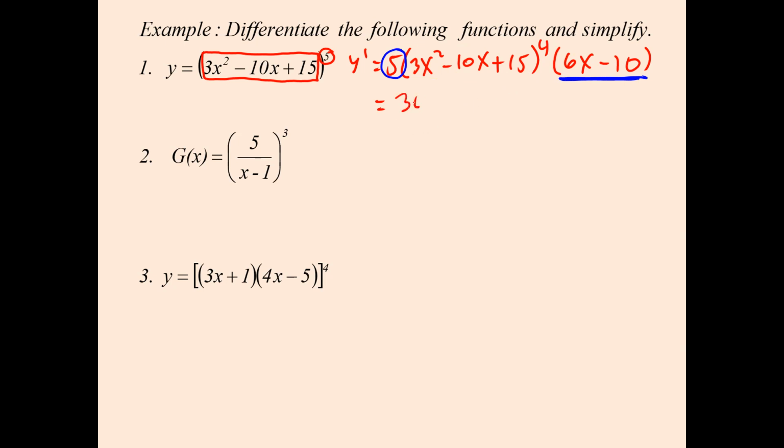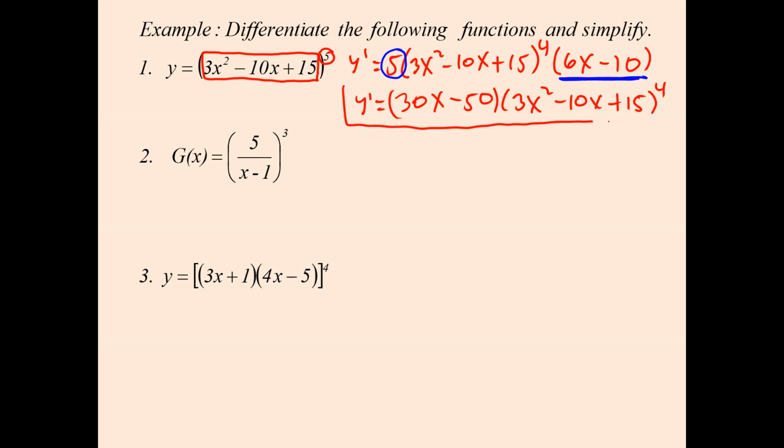So 30x minus 50 times (3x squared minus 10x plus 15) raised to 4. So yan na yung sagot natin. You don't need to simplify or i-expand yung ating equation.